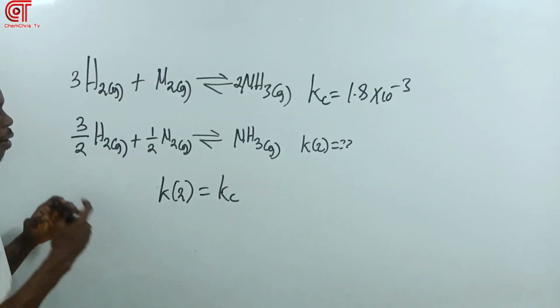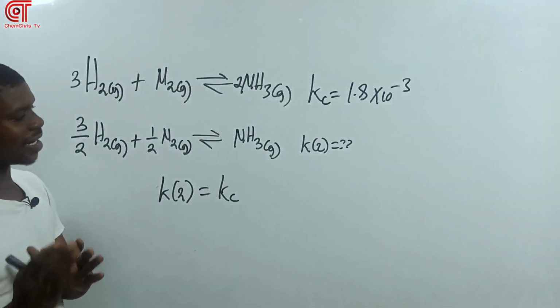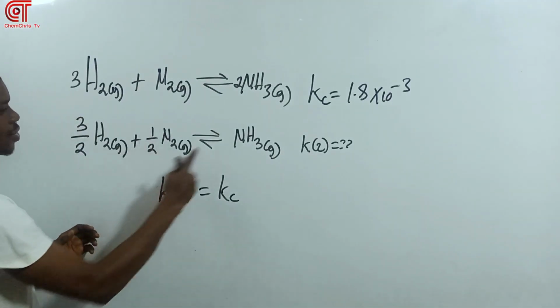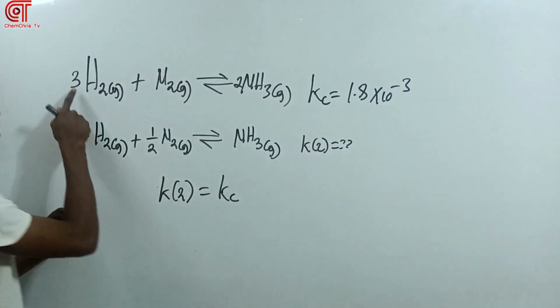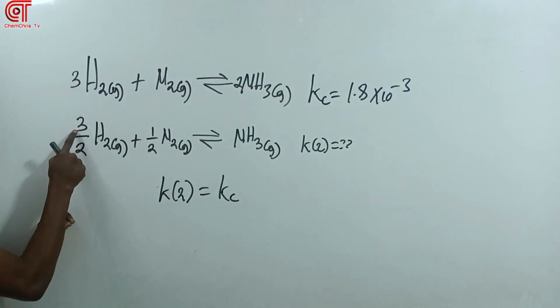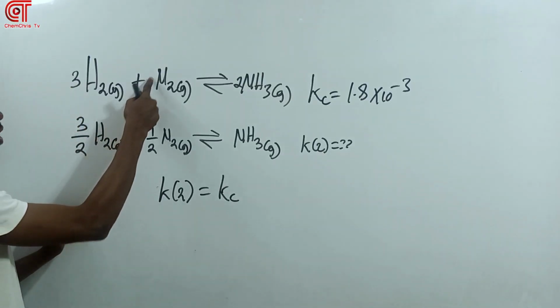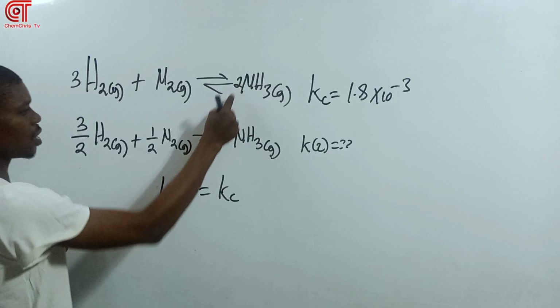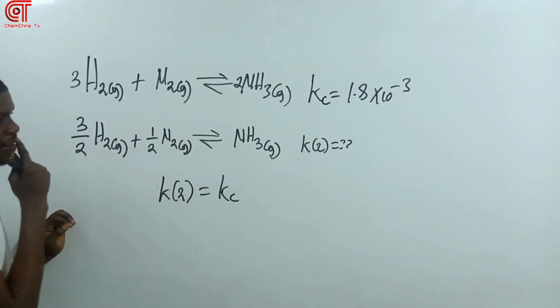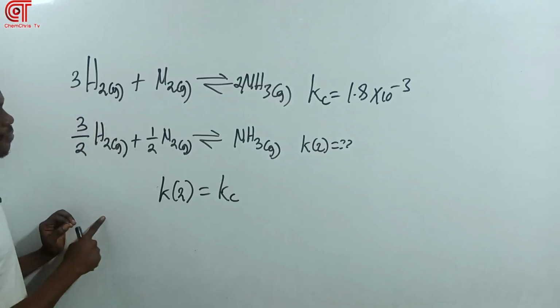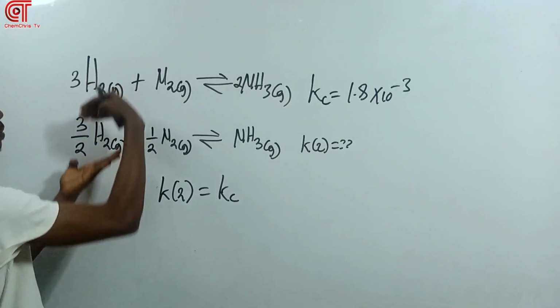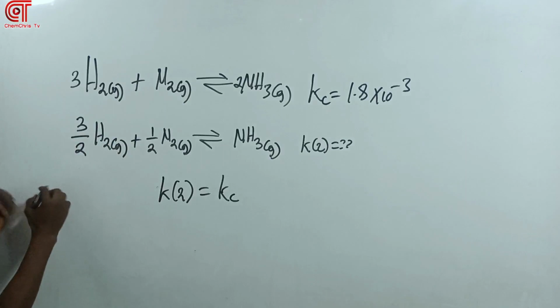But we find clearly that the moles are not the same. Yes, 3, not 3 over 2; yes, 1, not half; yes, 2, not 1. So it means that this reaction is gotten by multiplying the first one by half. If you look, the difference between this one and the first is a half.